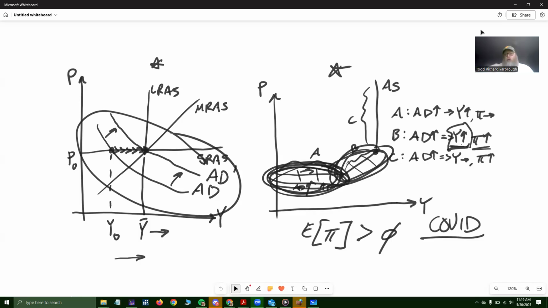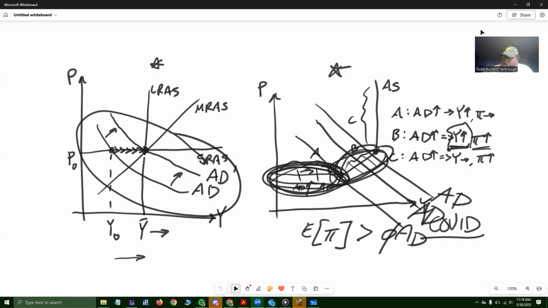Then, as we move into 2021, 2022, we keep boosting aggregate demand multiple times, right? We have the first stimulus under Trump. We have expansionary monetary policy in 2020 and 2021. We have the stimulus under Biden, right? Just inflationary. It was no surprise to economists whatsoever that we had inflation.